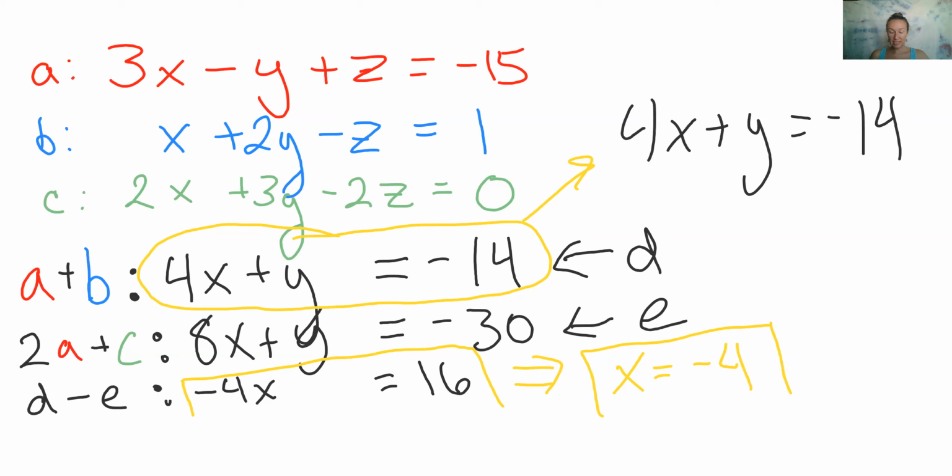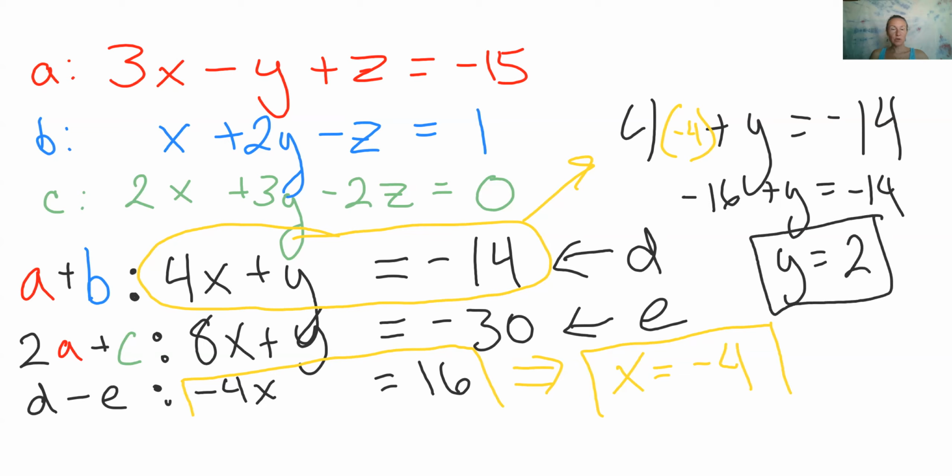But we know that x is -4, so I'm just going to replace that x with a -4. And now we can solve this equation for y. We've got -16 plus y equals -14. So that tells us that our y is equal to 2.